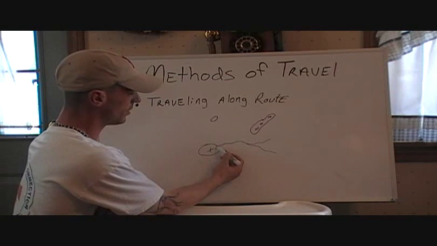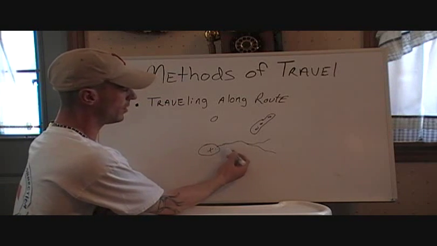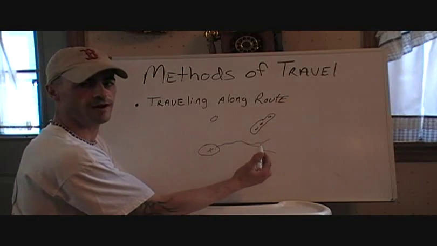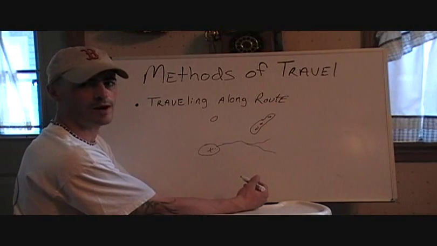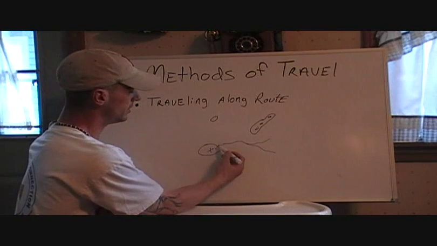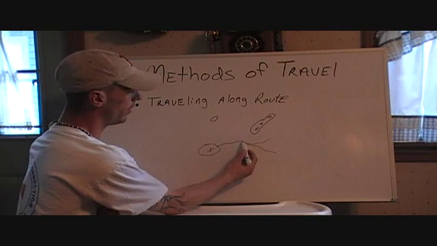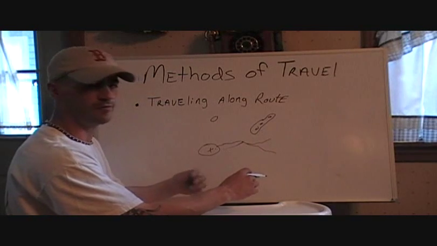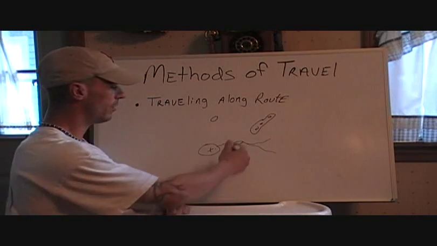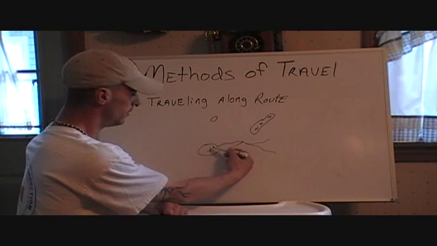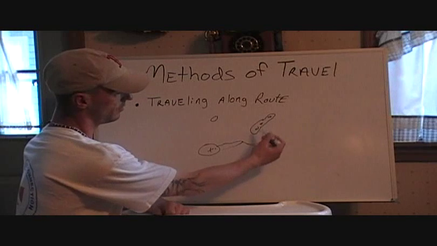Once I start traveling off this mountaintop here to my ridge line, I can have a rough idea of where I'm at on that map just by the terrain in front of me. So as I'm walking down, I might have run into this little creek here, and that's just a quick reference, check-off point, rally point, whatever you want to call it, so I know where I'm at in reference to the hilltop here and the ridge line here.